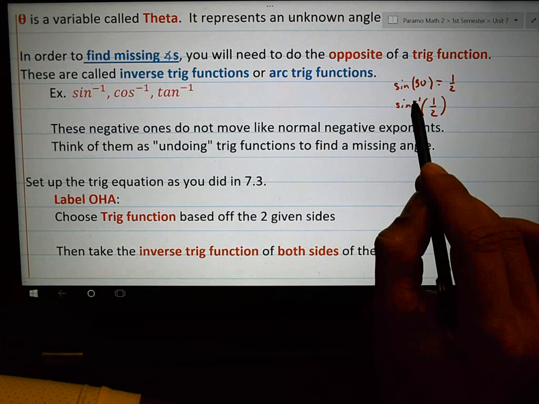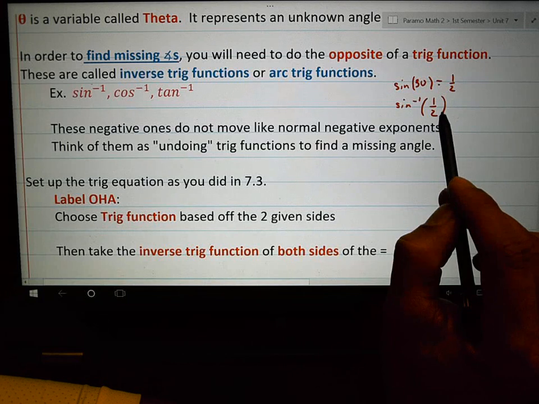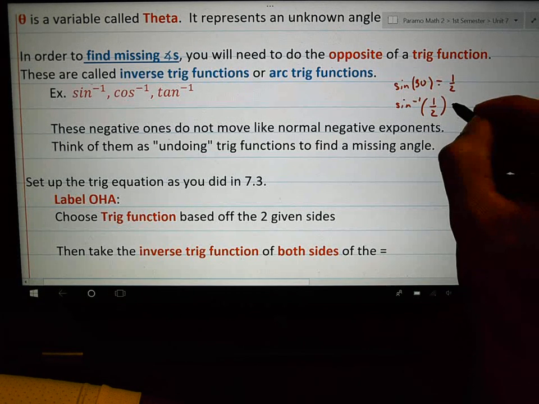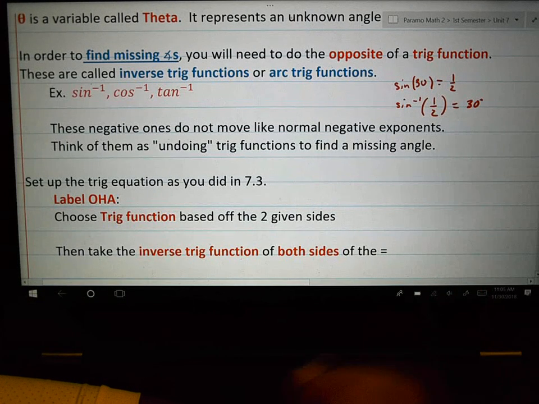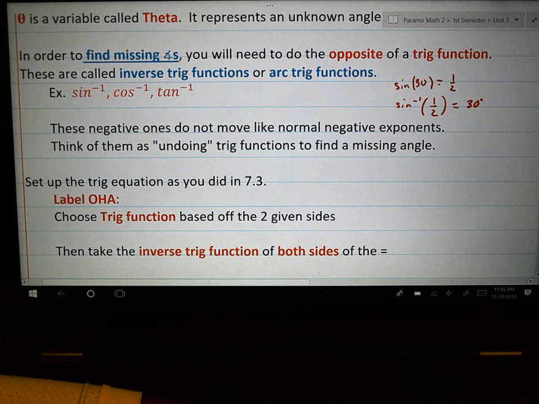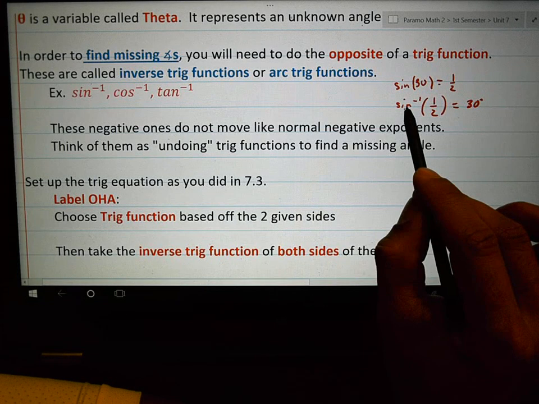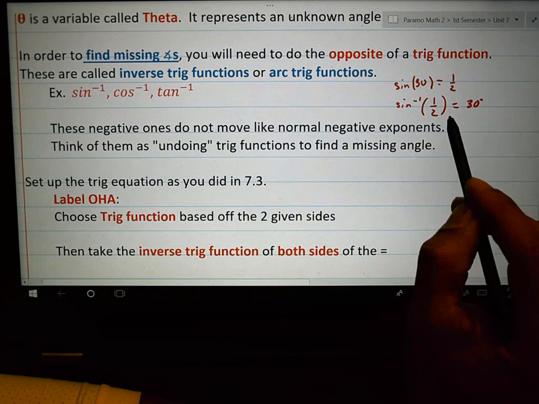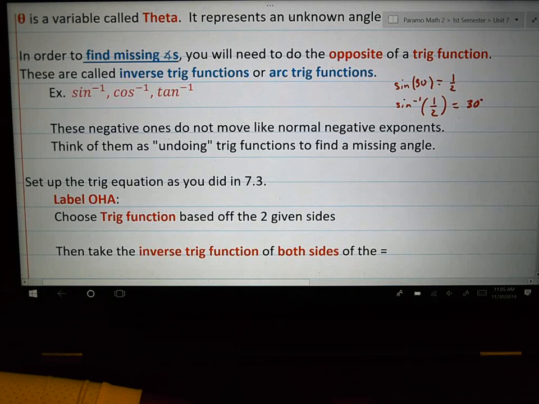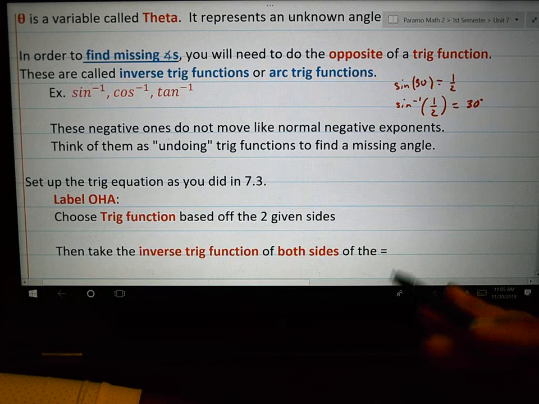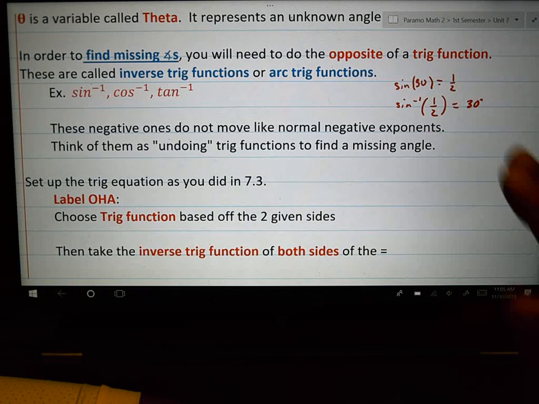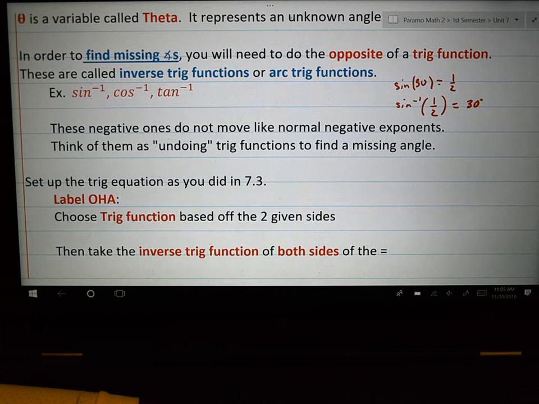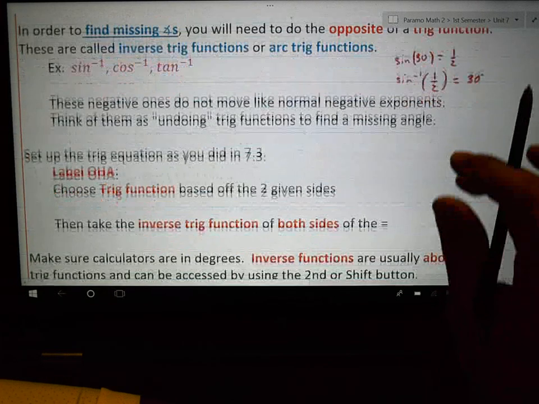The inverse sine of a ratio of 1/2 produces an angle of 30 degrees. You use this on a ratio to figure out what an angle could be. And your calculators have these already set in them for us to figure out how many degrees things are.